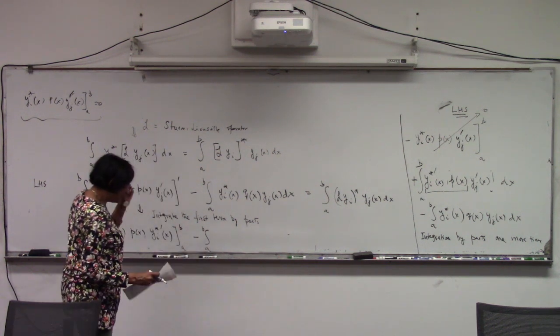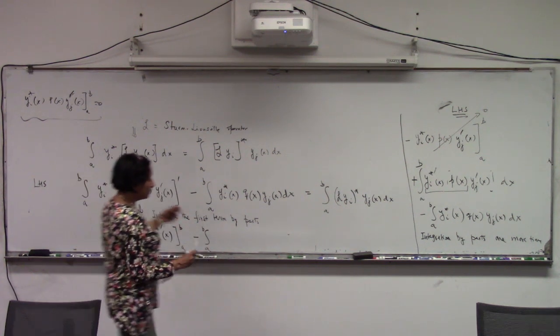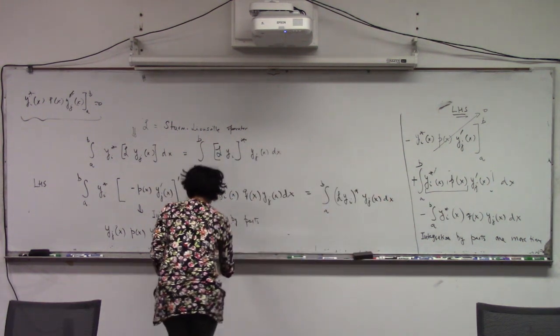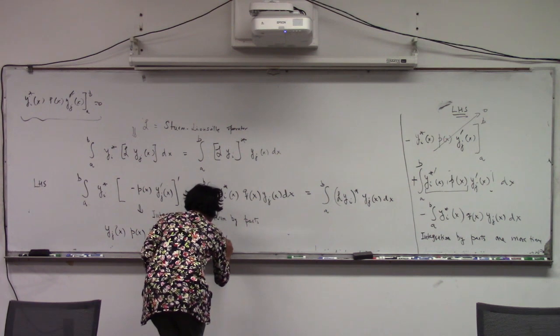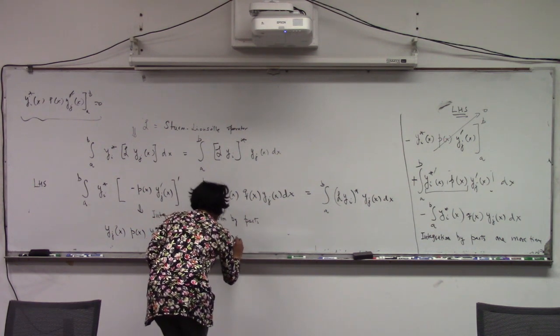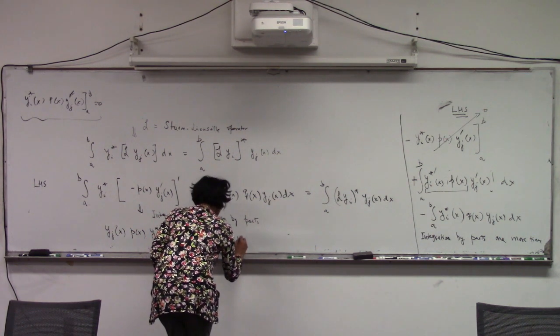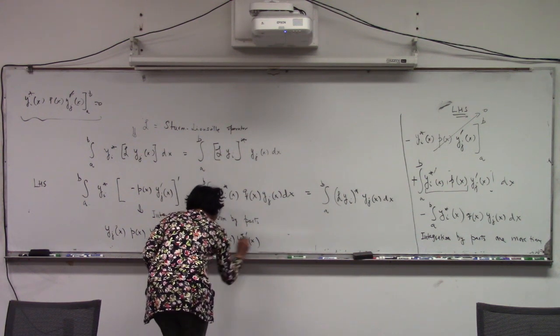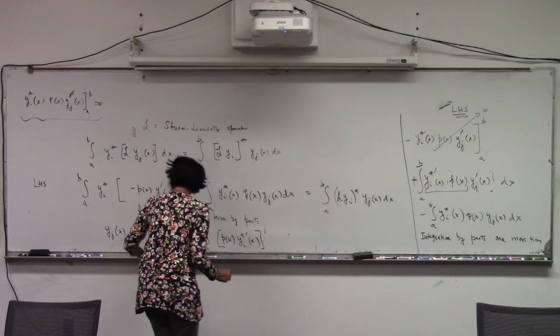Now this time I have to take the derivative of this whole term, right? So I have p of x, yi star conjugate of this. I have to take again the derivative of that, just integration by parts, okay?